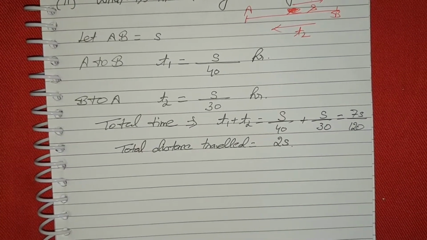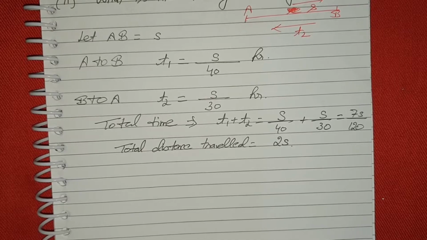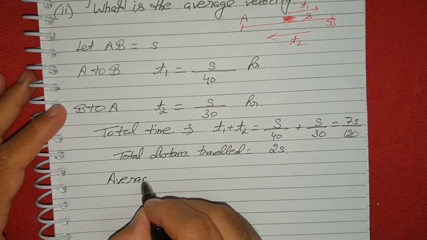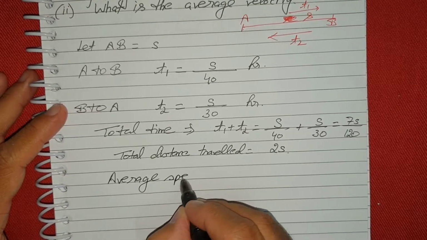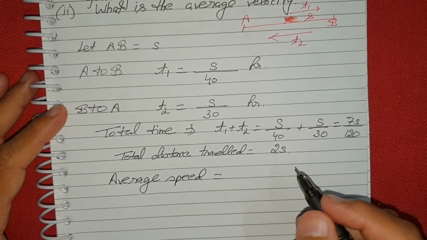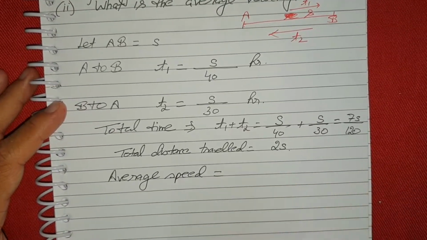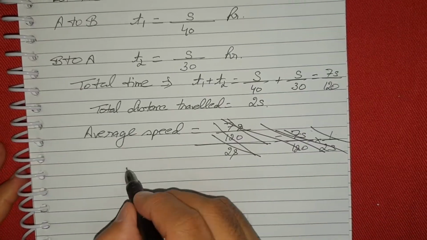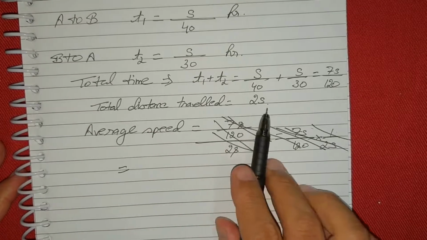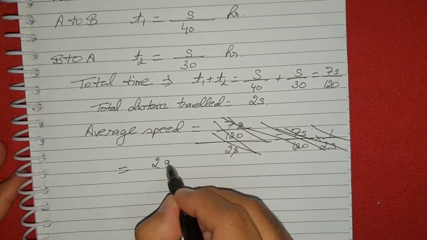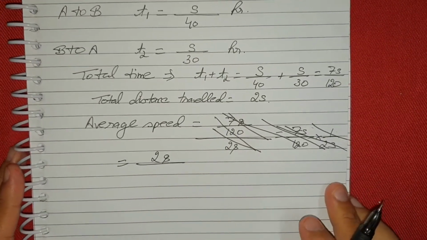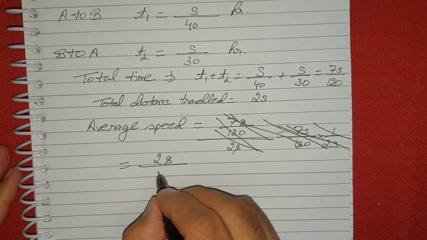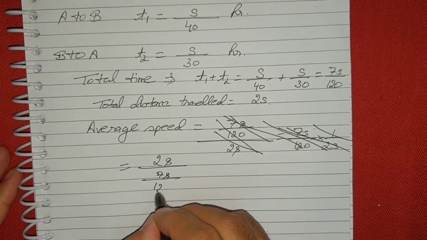Now, applying the formula for average speed. Speed is total distance upon total time. So, total distance is 2s upon total time, that will be 7s by 120.